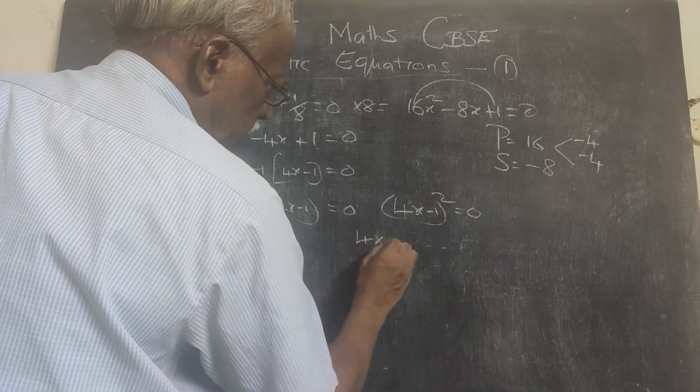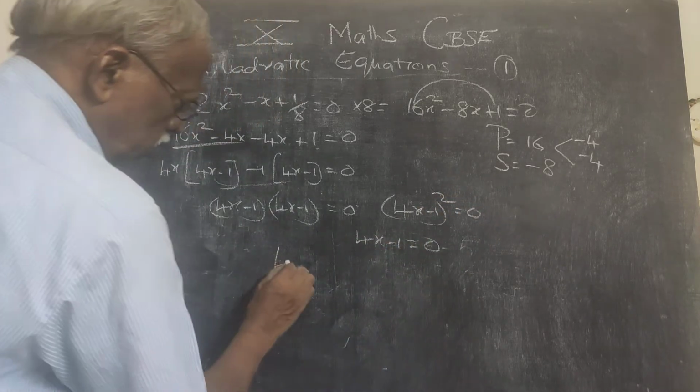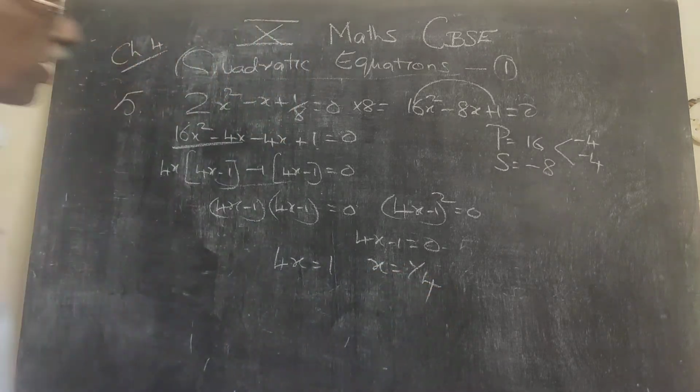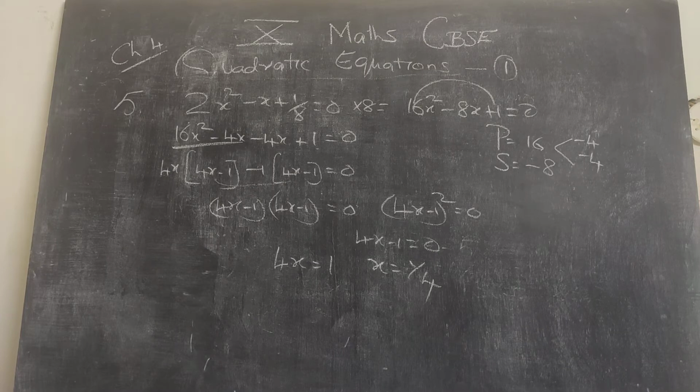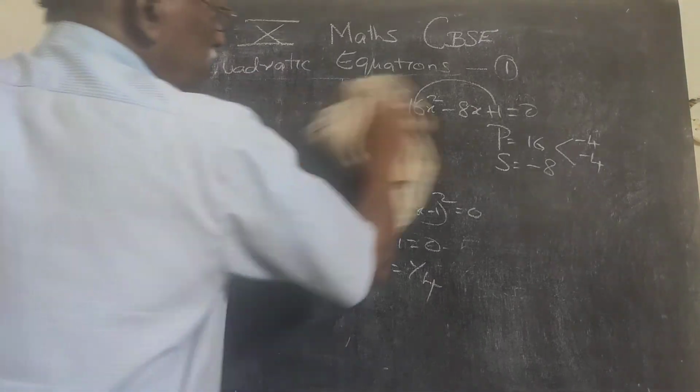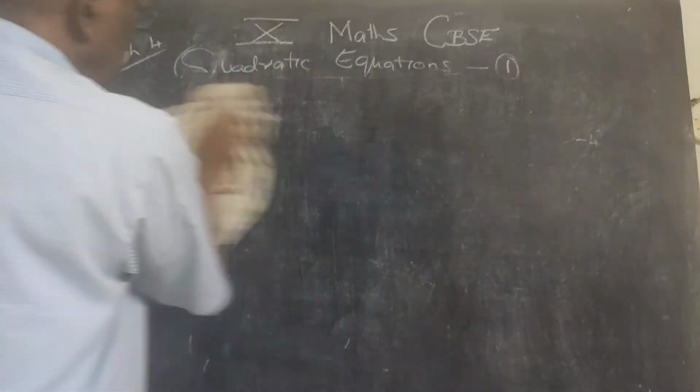Otherwise 4x minus 1 equal to 0. That means 4x equal to 1, x equal to 1 by 4 twice. We will be getting x equal to 1 by 4 twice. The roots are equal. Now the sixth problem, asked in the board exam.